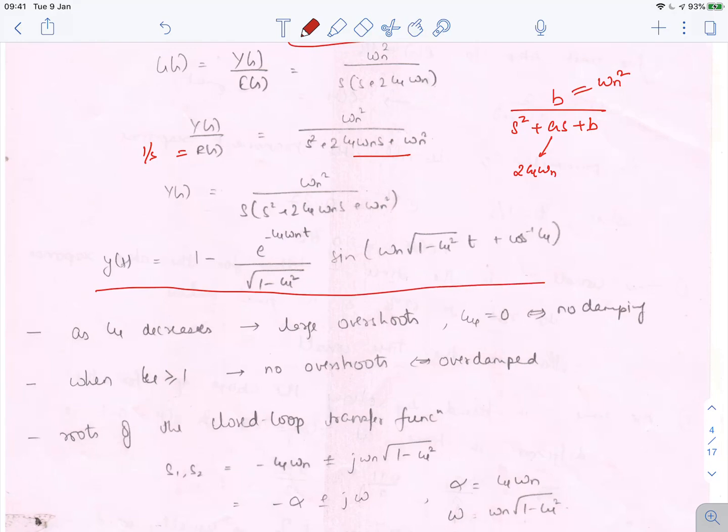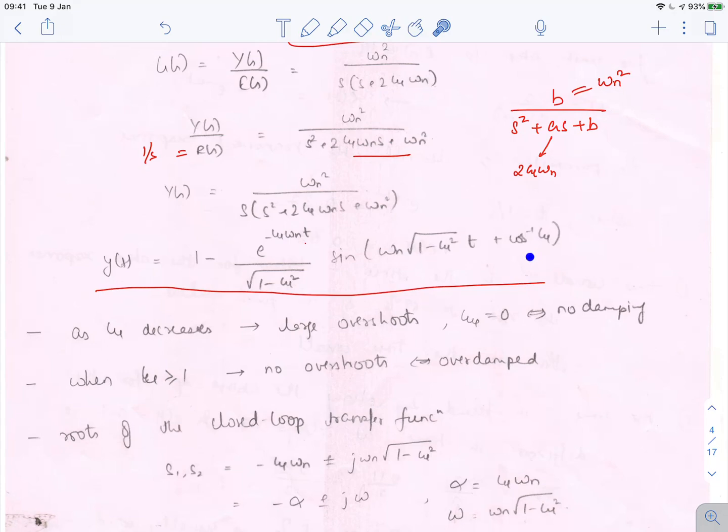This y of t contains again some forced response and the natural response. In this case we have 1 minus e to the power minus xi omega n t divided by square root of 1 minus xi square, times sine of omega n square root of 1 minus xi square t plus cos inverse xi.